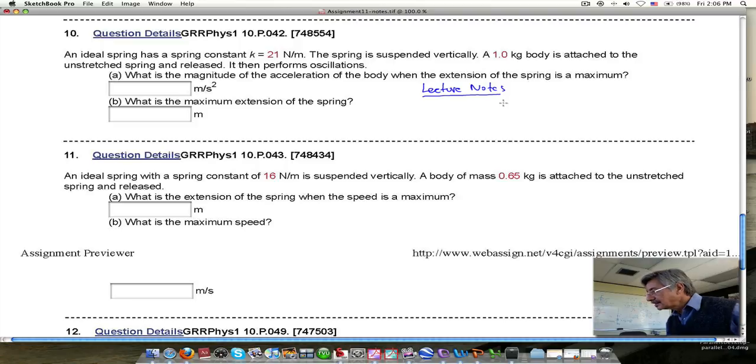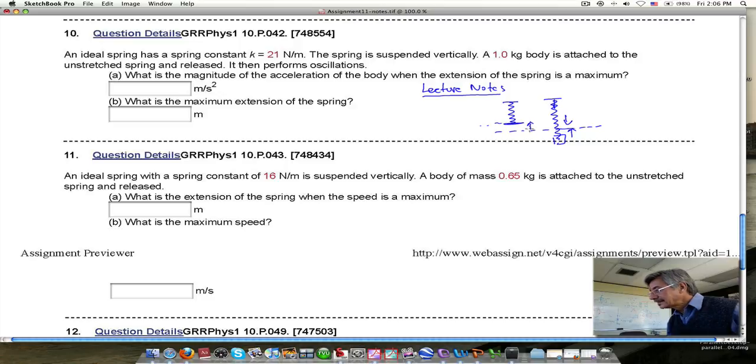So the spring, when it's vertical, is like that. But when you attach an object, of course the spring stretches and oscillates. But the equilibrium point is not this one, it's right here in the middle.